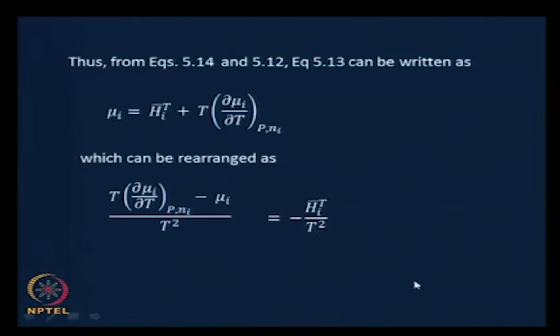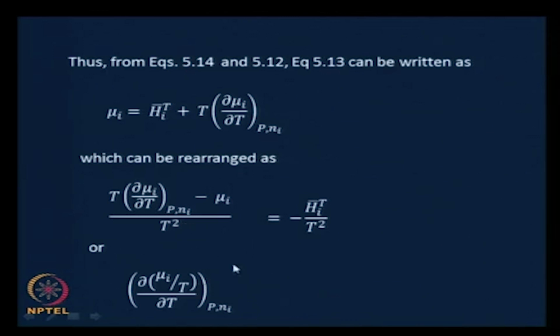There is a reason for this rearrangement: this form is nothing but ∂/∂T of μi by T at constant P, Ni. If you are unable to see this, consider it as u by v, numerator by denominator: denominator function into derivative of the numerator function, minus the numerator function into derivative of the denominator function, which is 1 here, divided by the square of the denominator function.